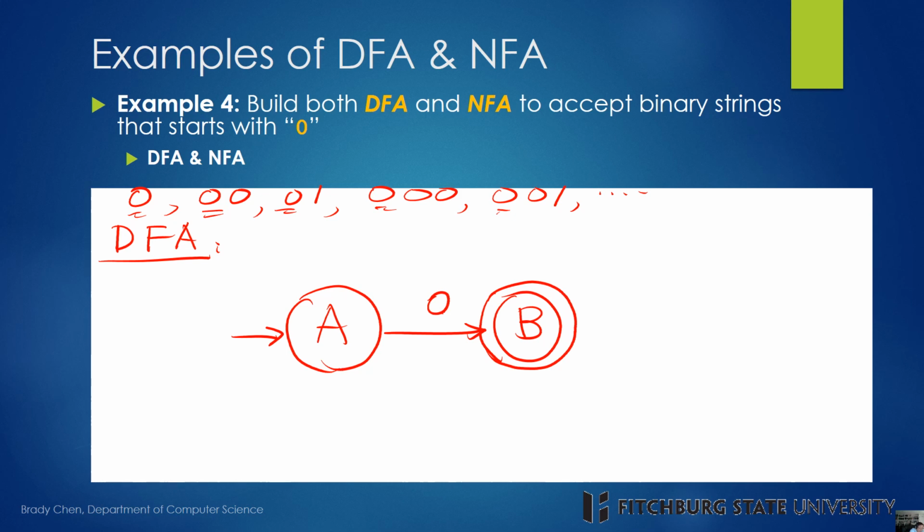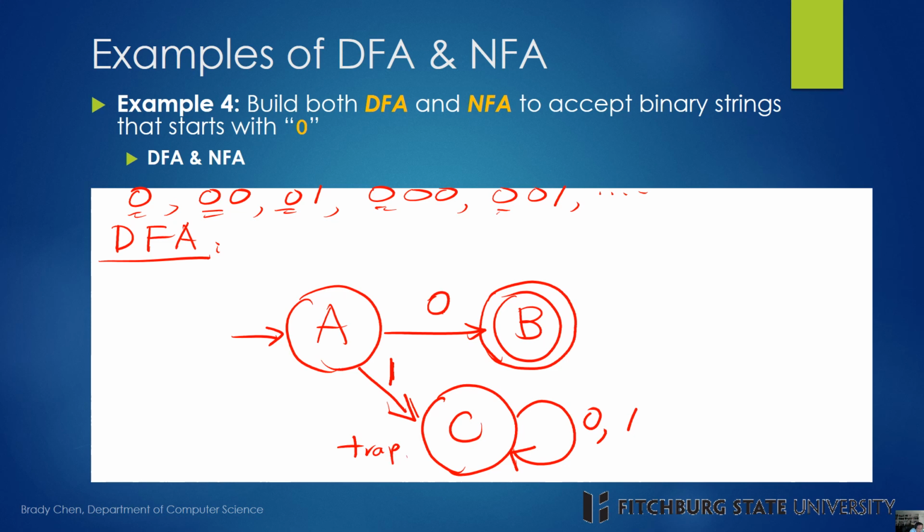Now, if the input value is 1, then we're going to go to another state, which is C. Now, it doesn't matter what the input value is once we reach C, because that string always starts with 1. It doesn't matter what the follow-up input values are. So this is going to stay in C. That's a trap state.